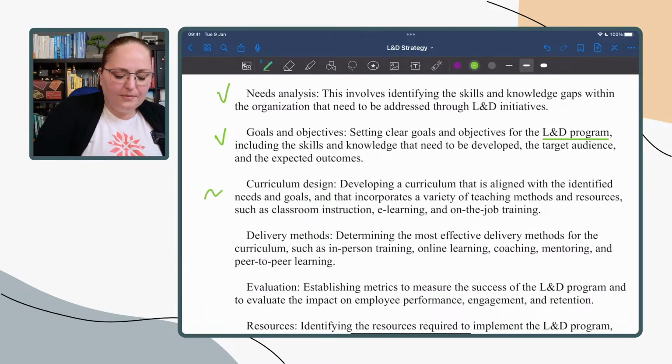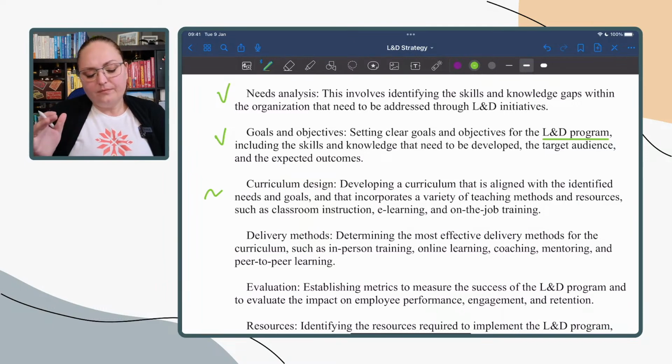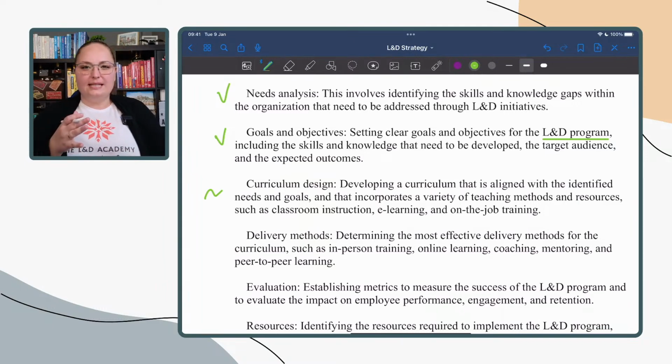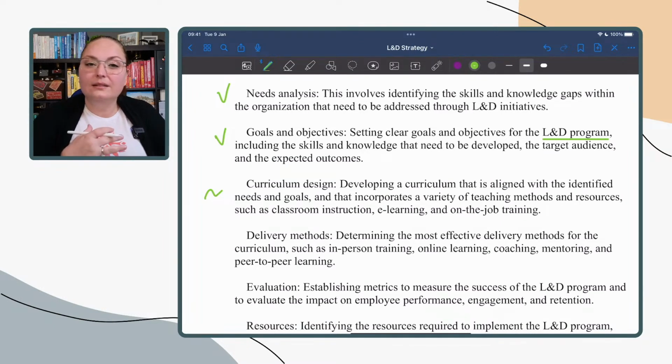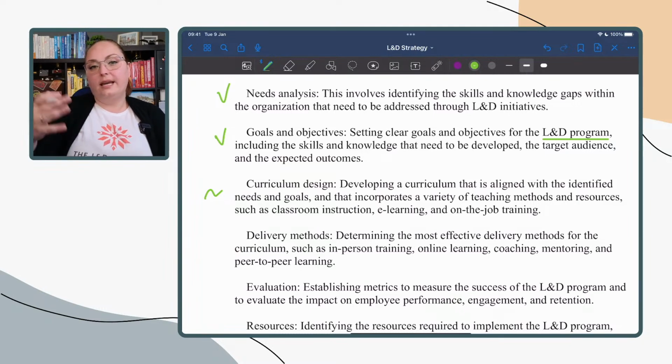So for me, that is a bit of a 50-50 here, because the strategy itself should be a high-level plan of what's going to be happening specifically in learning and development for, let's say, the next year. Curriculum design, for me, is such a granular thing.